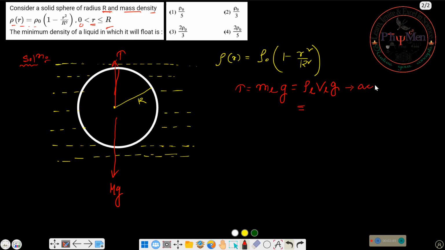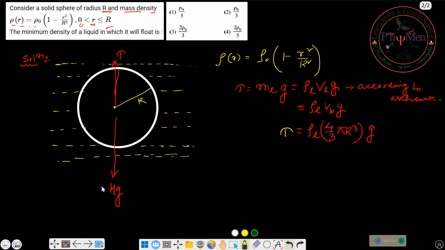The volume of the liquid displaced is equal to the volume of the body. The volume of this sphere is 4/3 pi capital R cube, into g. So this is our buoyancy force.